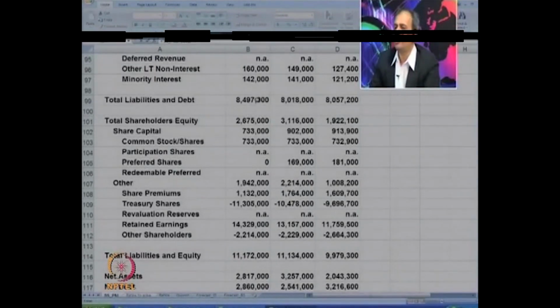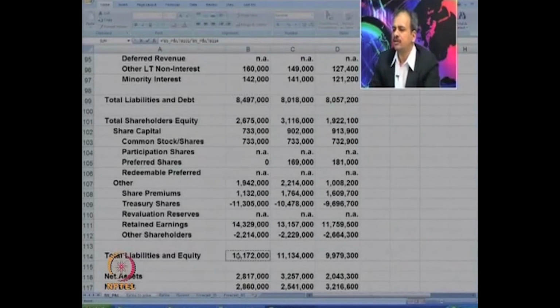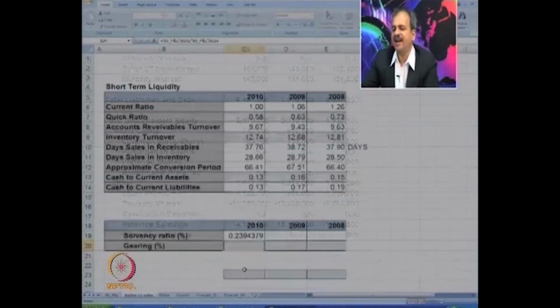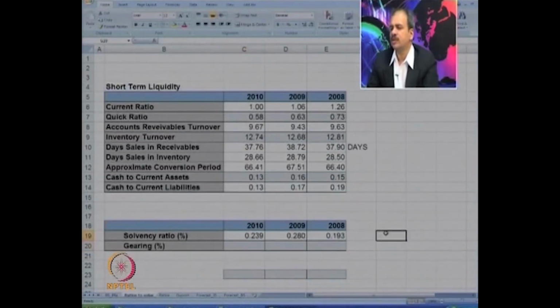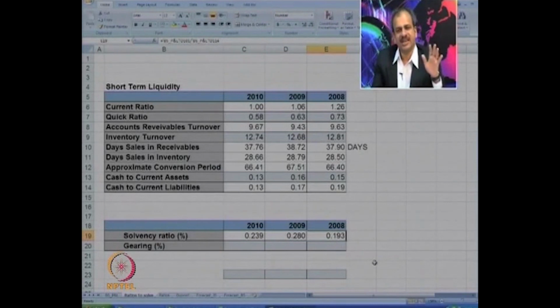We will divide it by total liabilities and equity. It shows that the company has predominant financing by debt, only about 20% is financed by equity. Earlier the proportion was even less than 20, now it has slightly increased to 0.23.